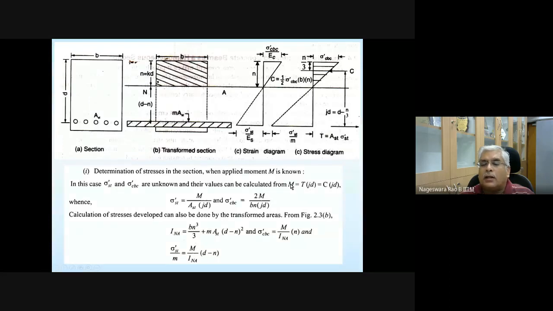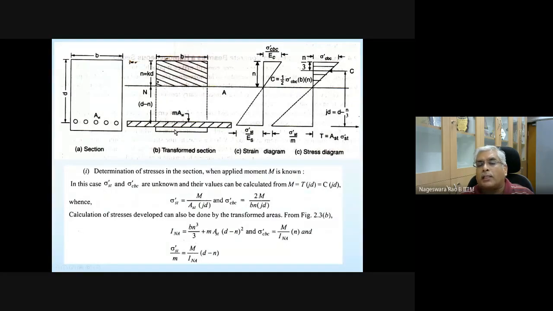Using this equation, you can calculate the stress in steel as well as in concrete, or you can make use of the concepts we learned yesterday: the moment of inertia of the transformed, cracked section. Here we are assuming concrete below the neutral axis is ineffective.